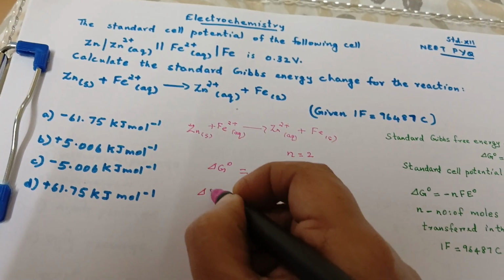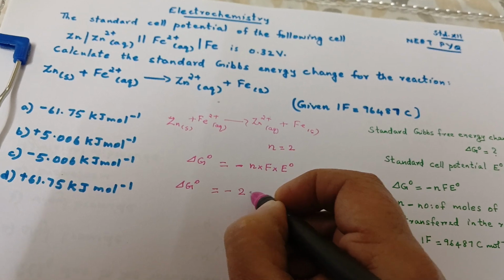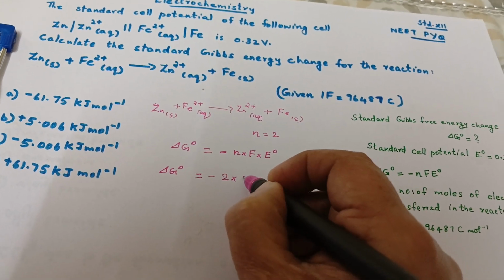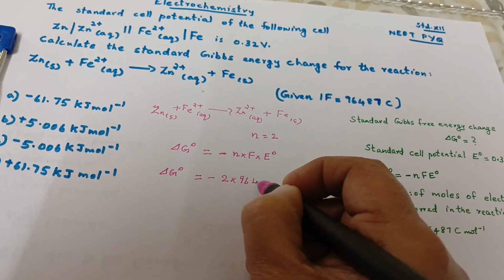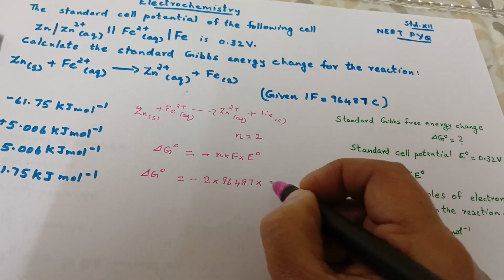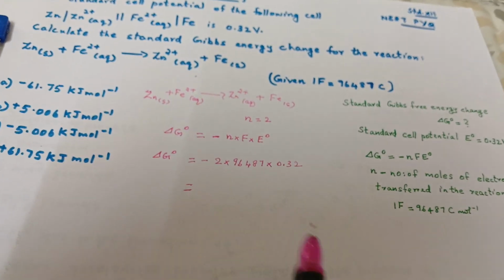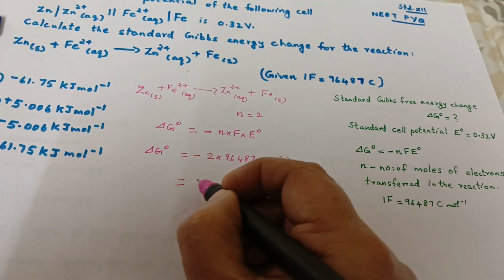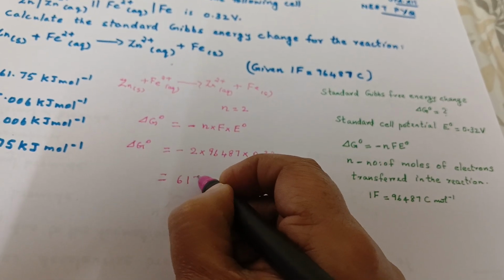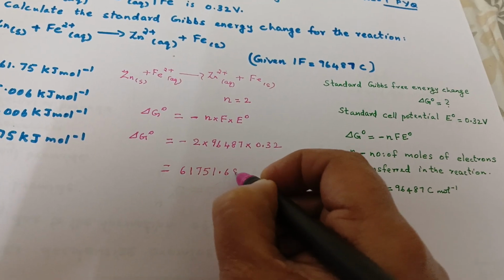So let us calculate: delta G naught equals minus 2 into Faraday, 96,487 coulomb per mole, into E naught, 0.32. When we do the calculation, we will get the answer as 61751.68.